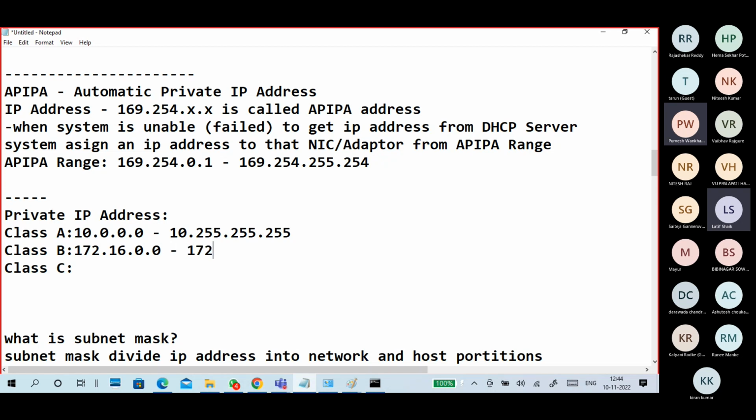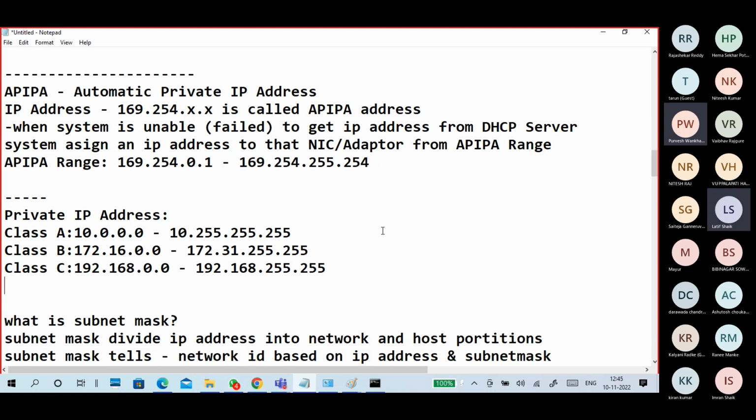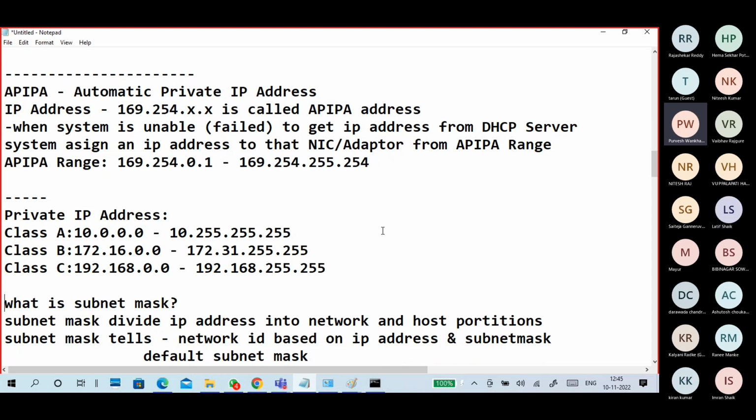Class B is 172.16.0.0 to 172.31.255.255. Class C is 192.168.0.0 to 192.168.255.255. So these are the private IP ranges.